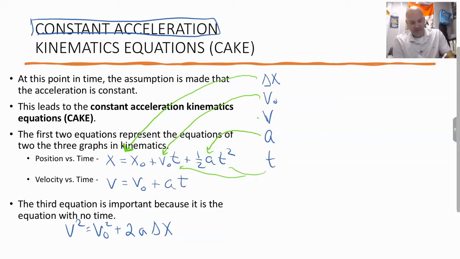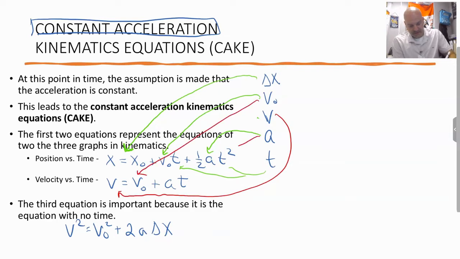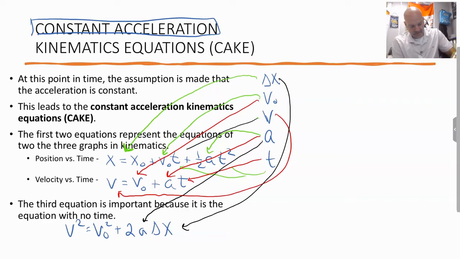Look at the next equation: final velocity, initial velocity, acceleration, and time. So this equation is missing our delta x. And if we go down to the last one: delta x, a, v, and v0. So that one is missing time.